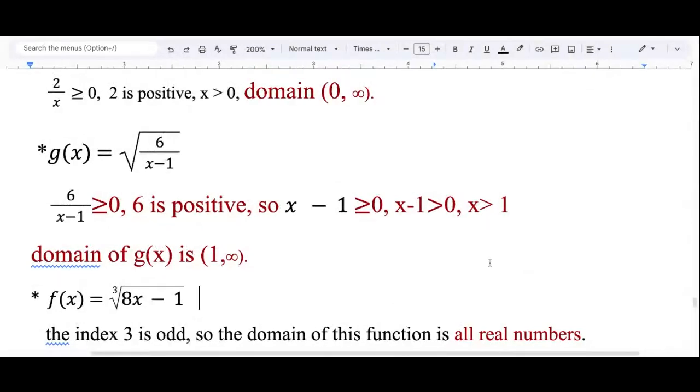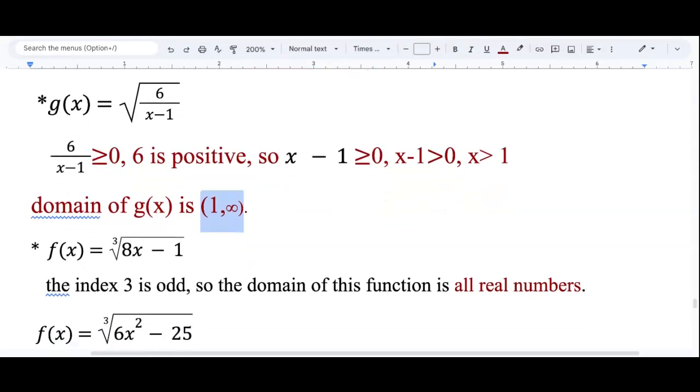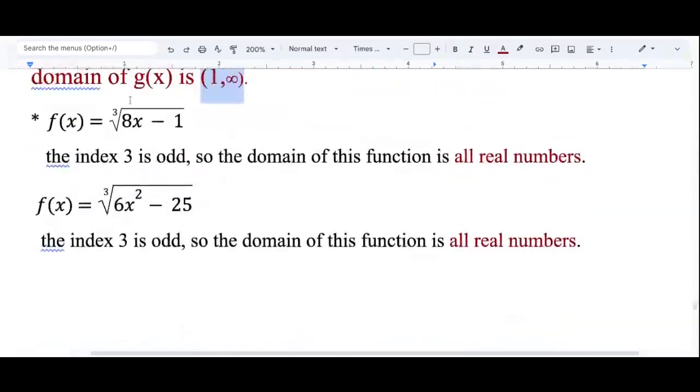Okay. X has to be greater than 1, which means we can write in interval notation 1 up to infinity. But if the index is an odd number, in this example it is 3, an odd number, it's okay. The domain is all real numbers, all right?